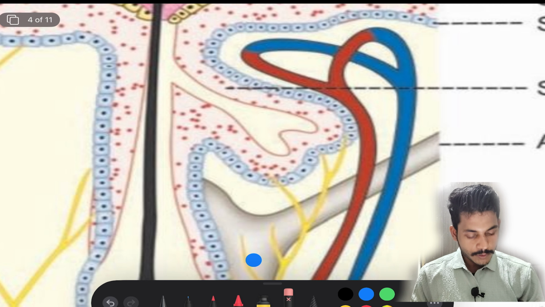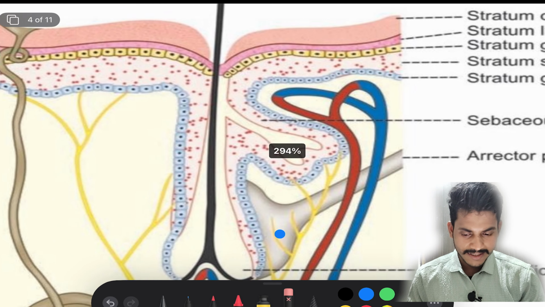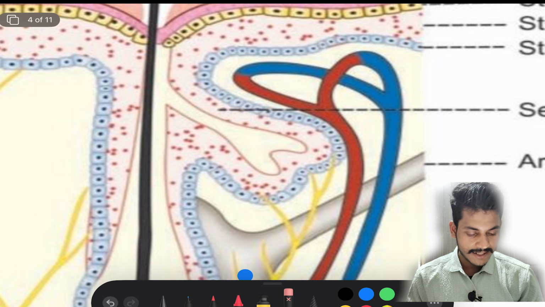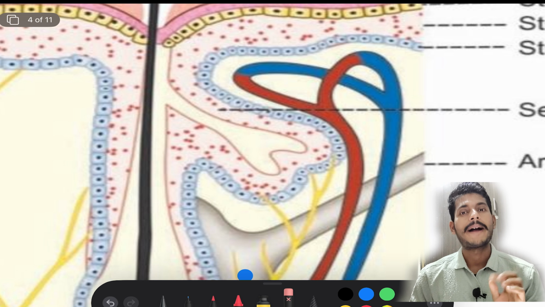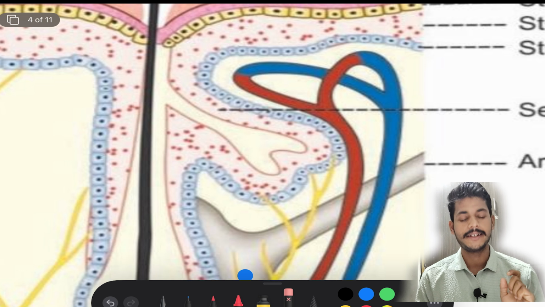Fine. So in the skin, this region called the dermal region, in the dermis of the skin, around the sebaceous gland, there is a presence of some microflora, and this microflora is basically called C. acne.